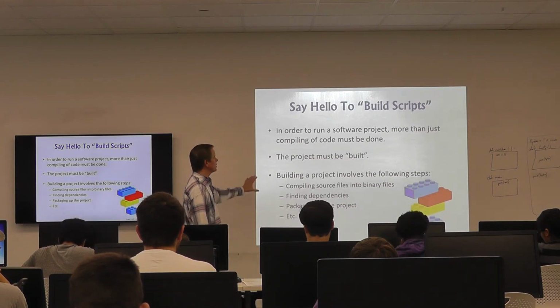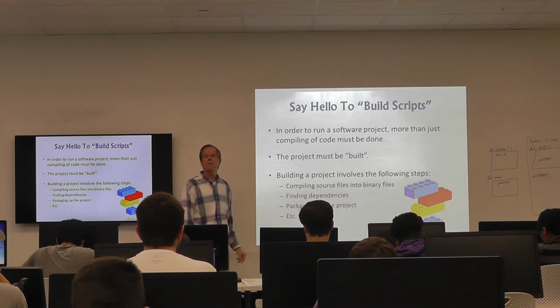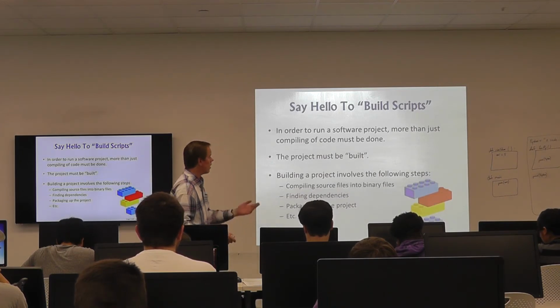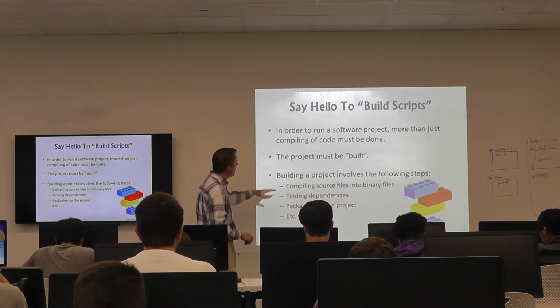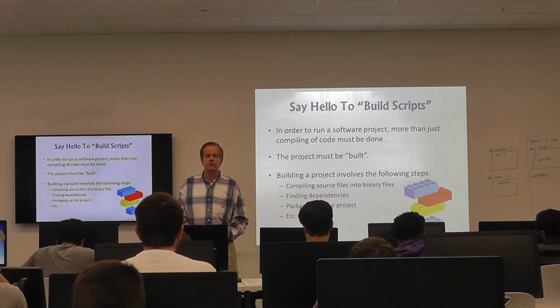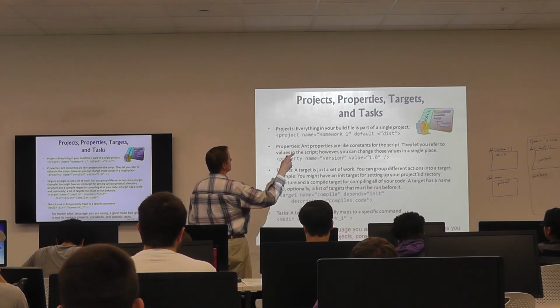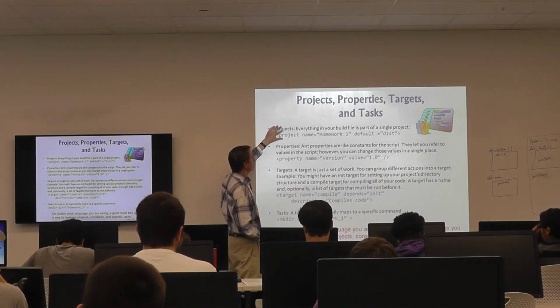So generally what we do is we create something called a build script, which is basically just a piece of computer code that remembers what you have to do to create that final shiny version of the software, and it automatically goes and does it. It compiles files, it finds dependencies, it packages it all up, and it does a whole bunch of other stuff if you need it to do that. Okay? Build scripts have project, properties, and targets. Projects are basically just the name of it.